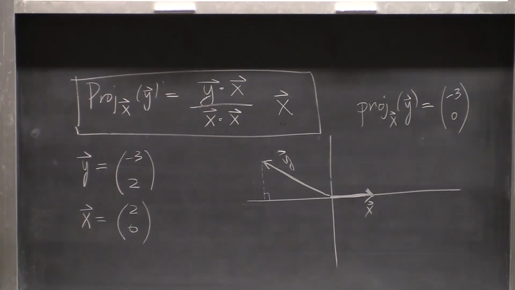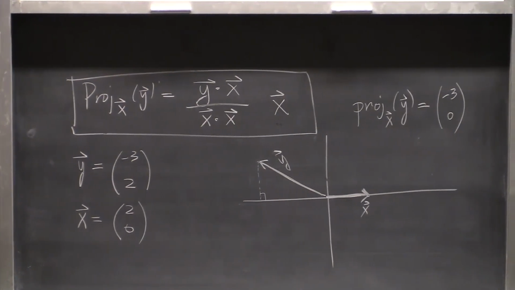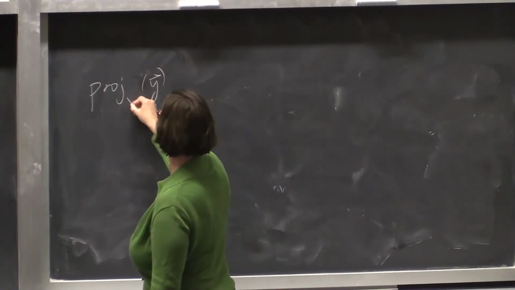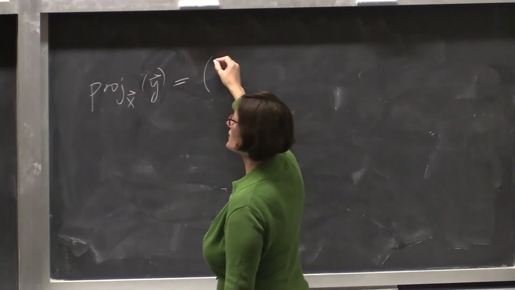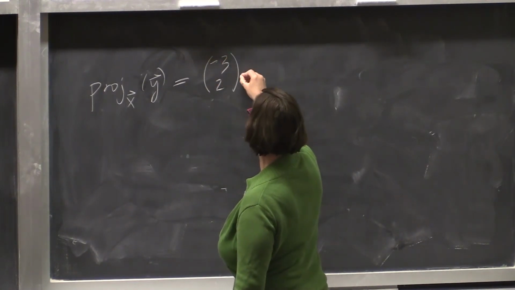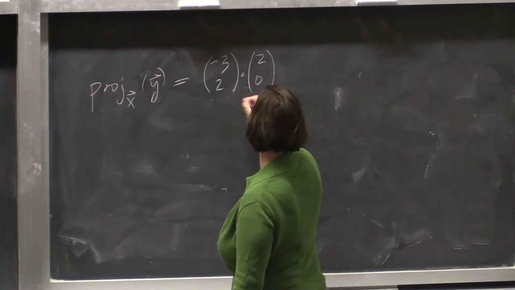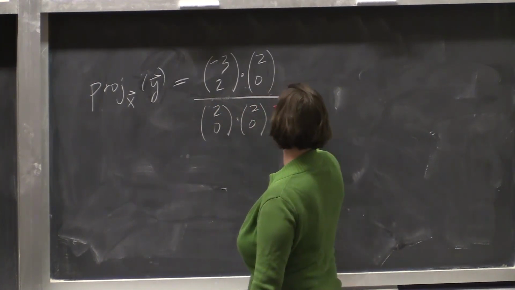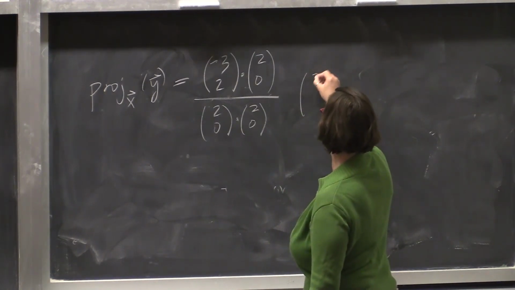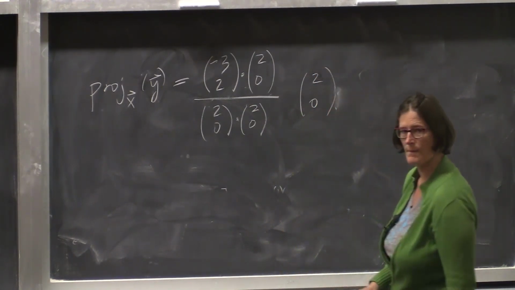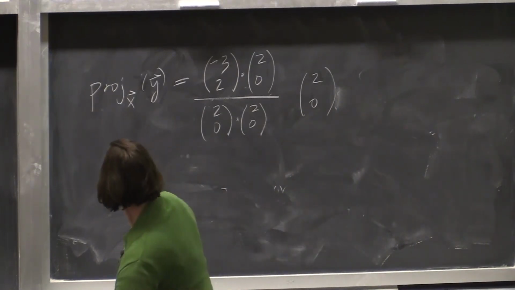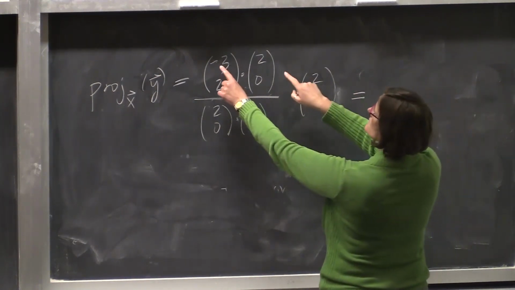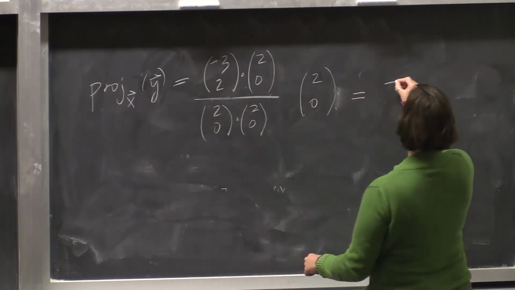From the definition, keeping with the book's notation, the projection of y onto x is the dot product of -3, 2 with 2, 0, divided by 2, 0 dotted with itself, multiplied by the vector 2, 0. So the numerator is -6 plus 0.